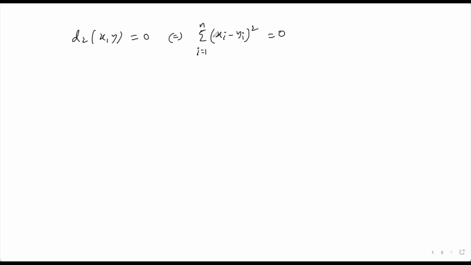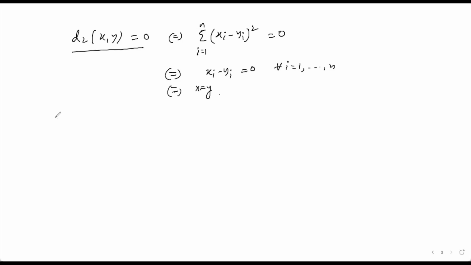The left hand side is a sum of non-negative reals which is equal to 0, and this is if and only if xi minus yi is equal to 0 for all i equal to 1 up to n, and this is if and only if x equals y. Therefore equality holds if and only if x is equal to y.